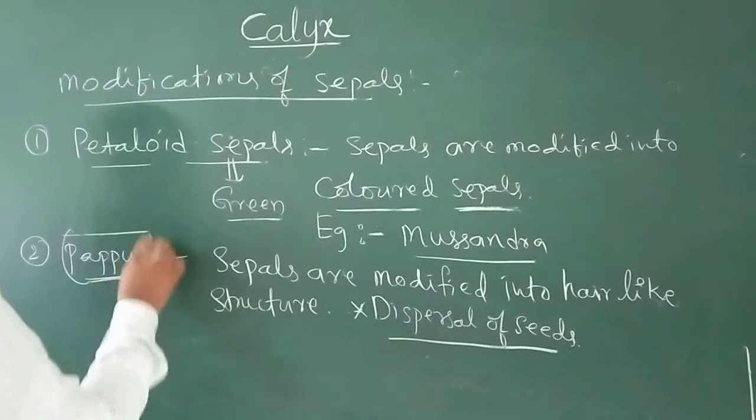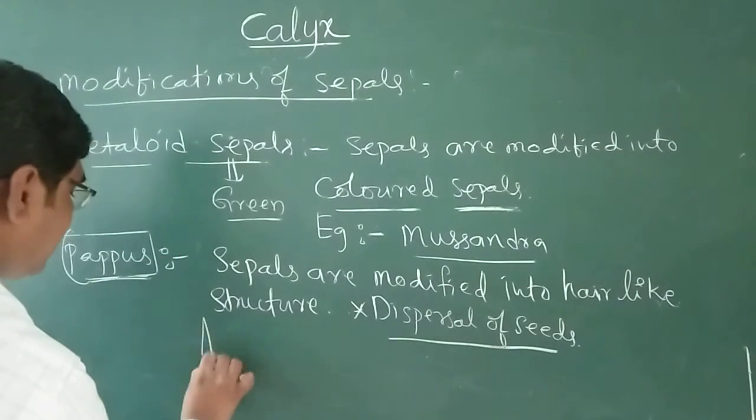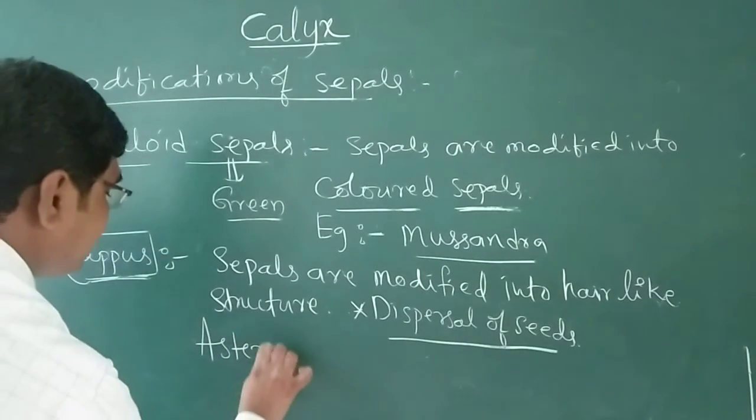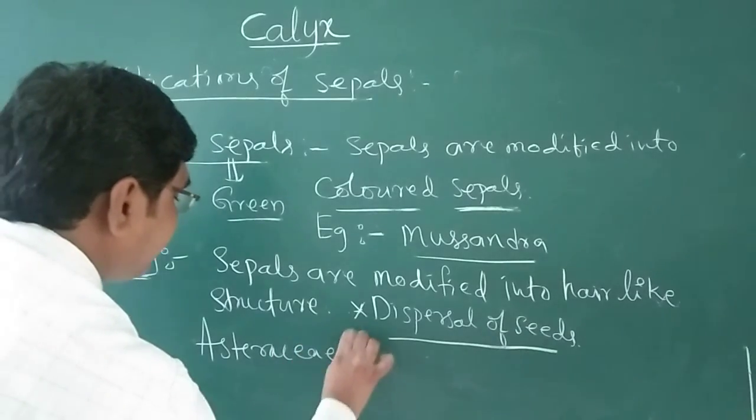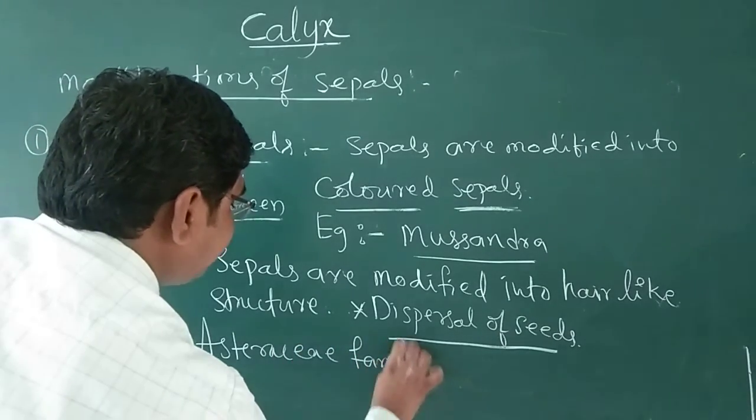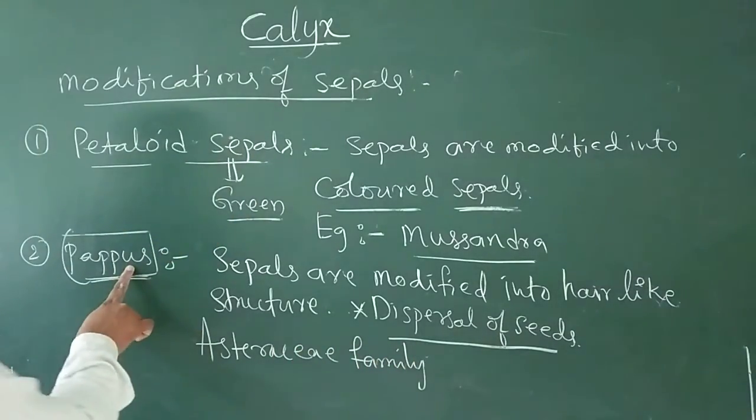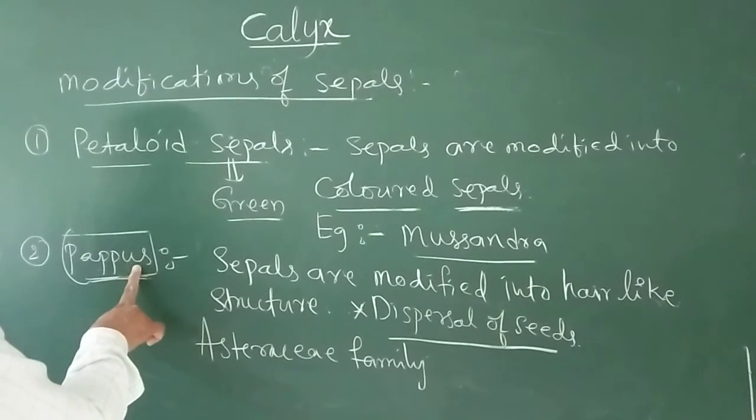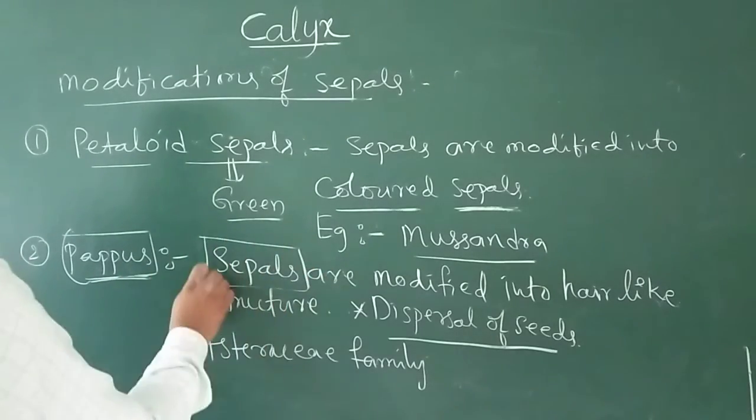The pappus is the main characteristic feature of Asteraceae family plant flowers. The pappus is the modification of calyx.